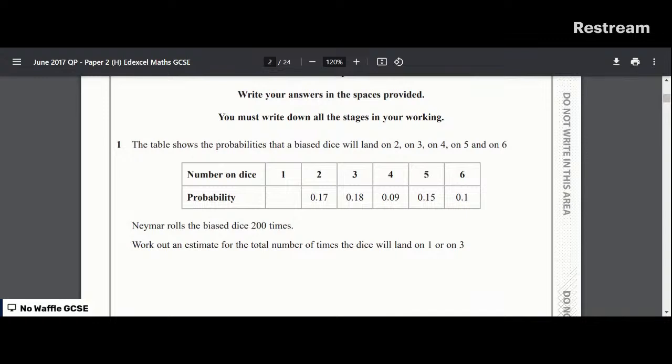Unfortunately, I can't write on the document, so I'm going to have to write separately. We're going to do as many papers as possible, starting from 2017, hopefully doing 18, 19, 20, at least those ones. It would be great if I could write on this PDF, but I can't. Let me see if I can.